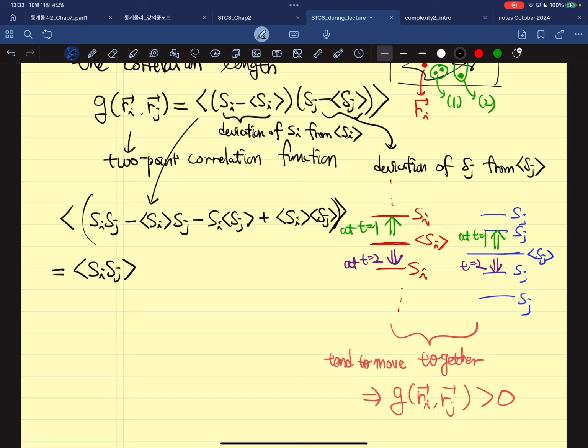and because this part is already averaged out, it goes outside of this average, so it's minus SI average, and the only thing that remains is the average of SJ. It's the same thing for this one, and plus.